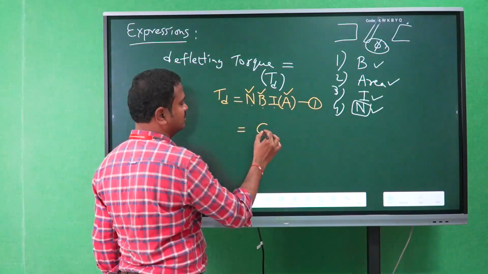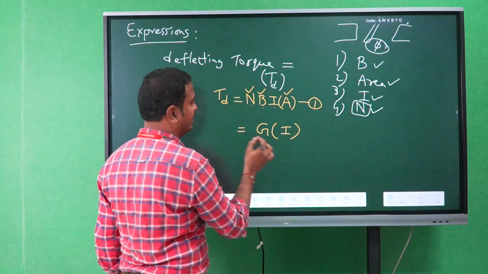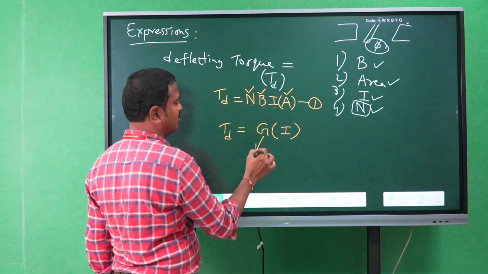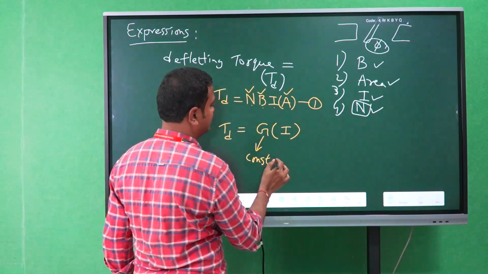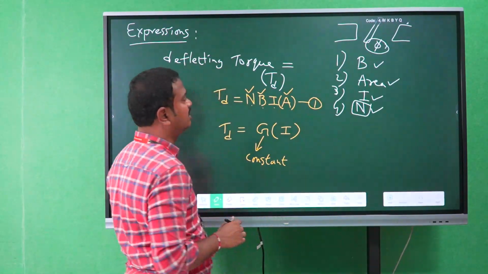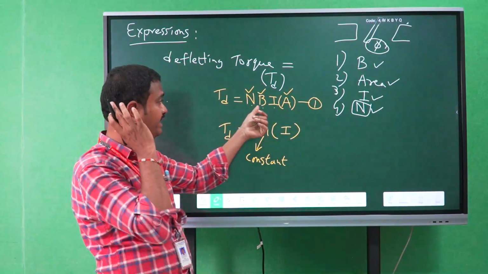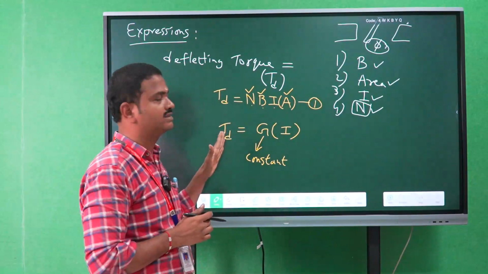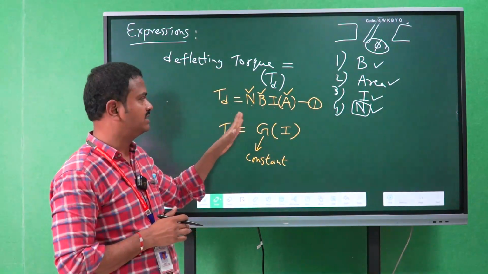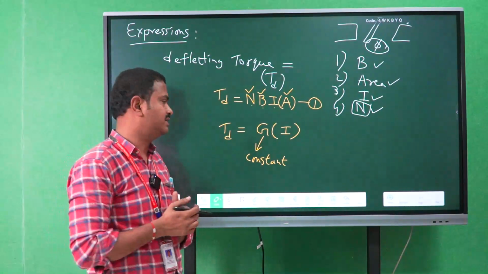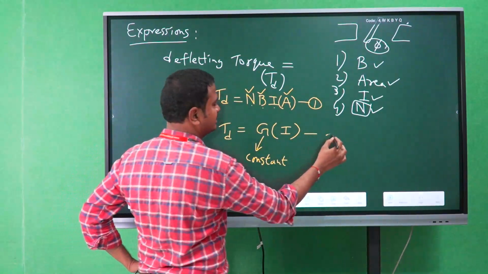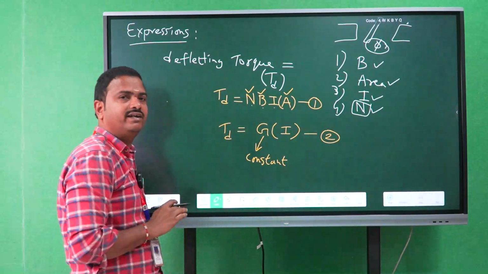Therefore, TD equals G into I, so G is the constant which represents the constant values NBA. So this is the final expression for deflecting torque.